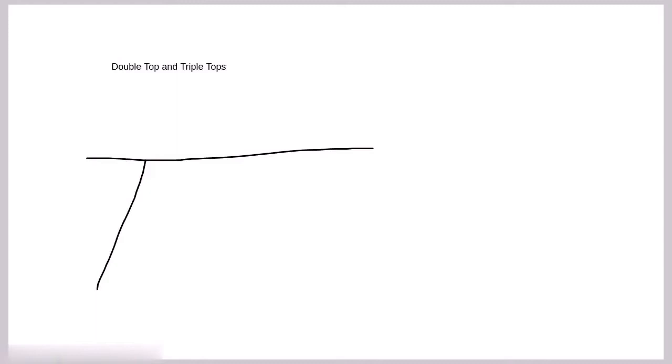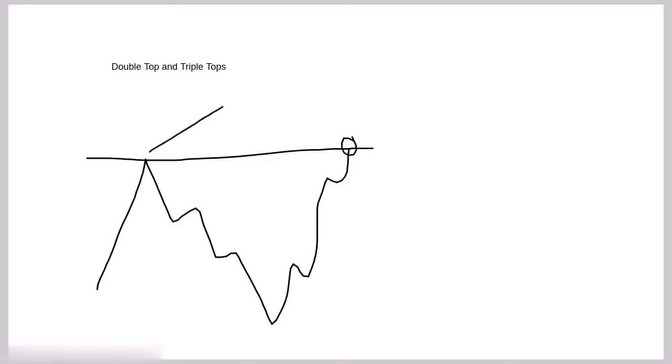If prices come back up to this area, you're like, okay, what happened on the way down before? Prices dropped. It was very powerful.